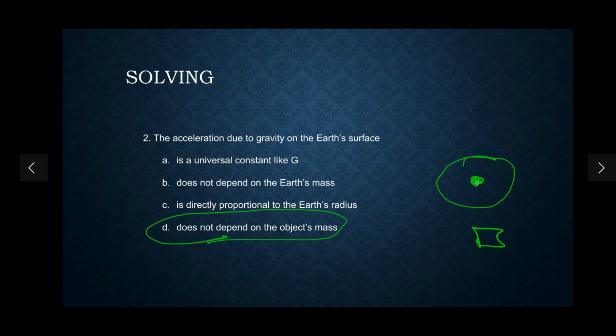We use the mass of the center, we use the radius, and we use the height from the object to the center of the central planet. Solving this gives us the acceleration due to gravity on Earth or on a central big celestial body surface. So the acceleration due to gravity never depends on the object's mass. This is relevant when we need to calculate the acceleration due to gravity for a satellite orbiting Earth.